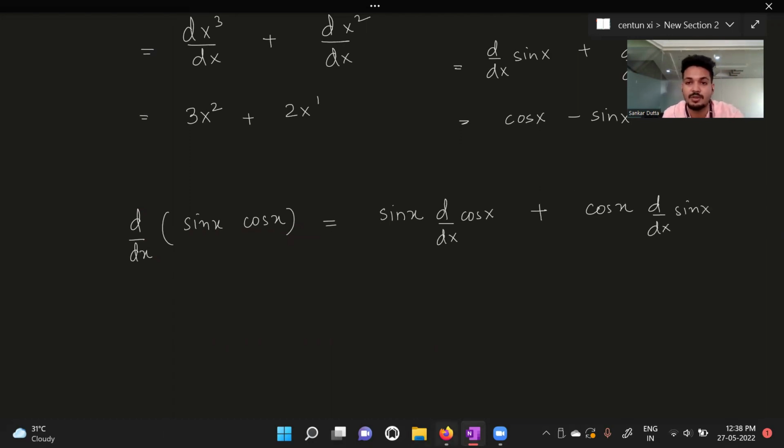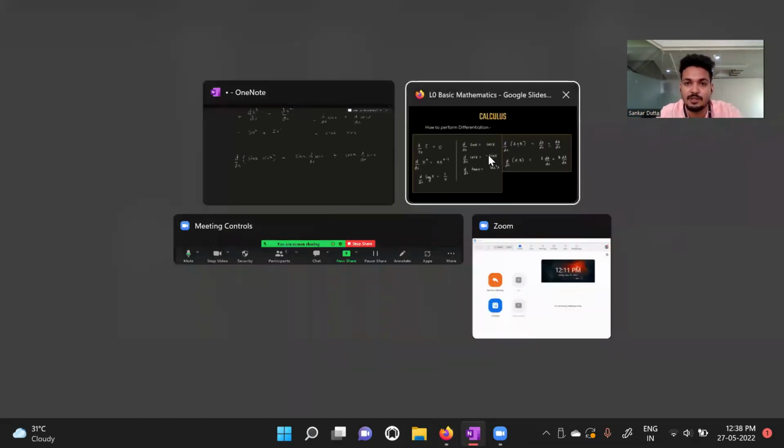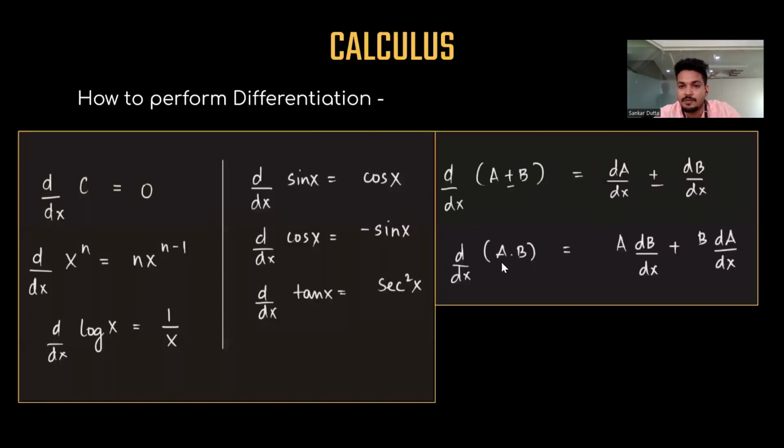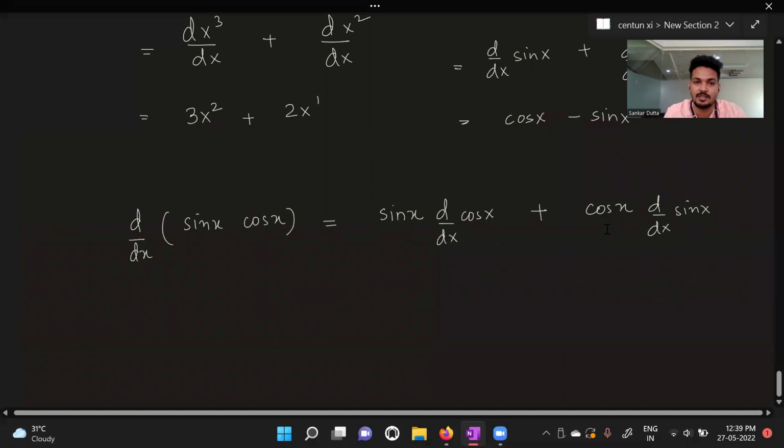And if you see it in terms of a and b, you can see it in this formula sheet. If you want to differentiate a multiplication of a and b, first you leave a as it is and then differentiation of b, plus b as it is, differentiation of a, right? So this is the formula that I just did.